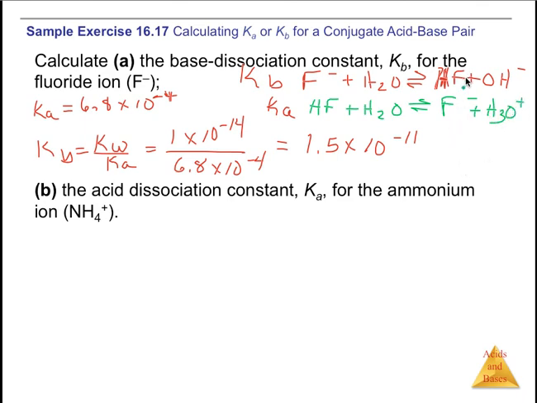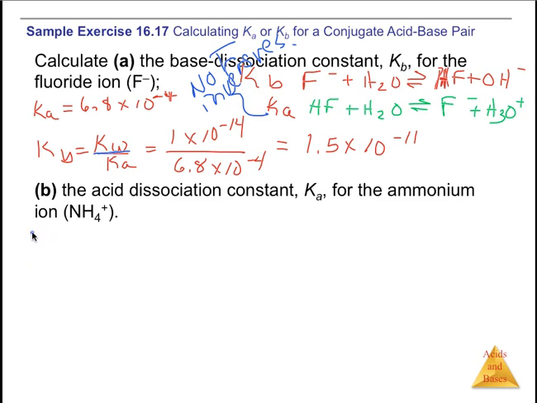These are not inverses of each other. They are related through the Kw. You cannot just invert them. Hopefully you can see that these two equations are different. The expression for Kb is different than the inverse of the Ka.